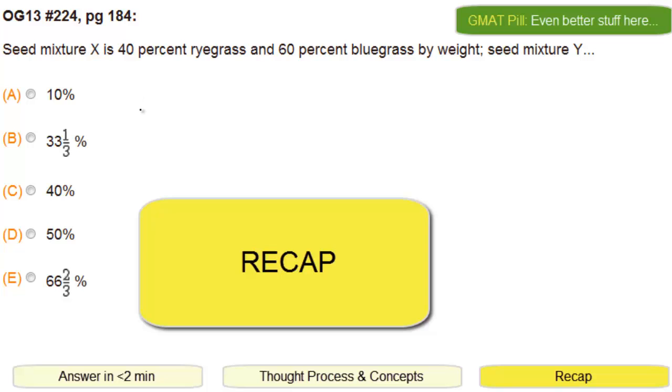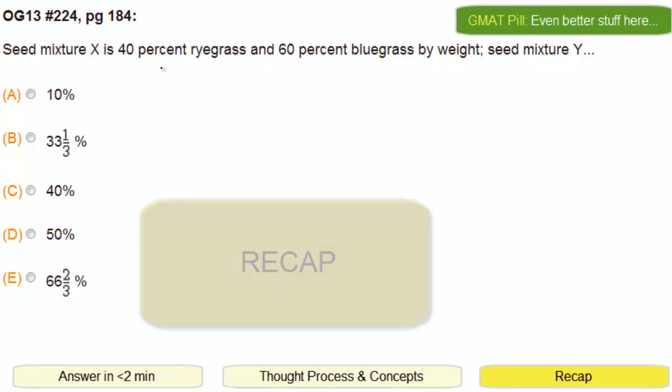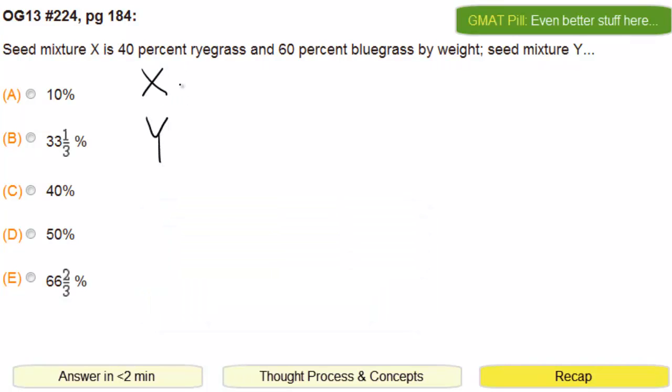So as a recap, we basically saw a mixture problem right off the bat. We immediately saw mixture X and mixture Y. We split them into different percentages, and we noticed the commonality between these two mixtures was the ryegrass.